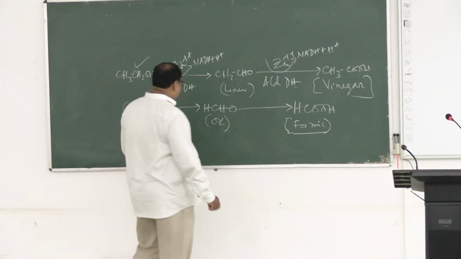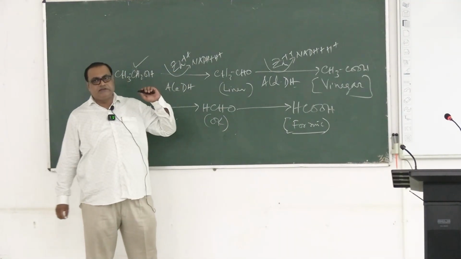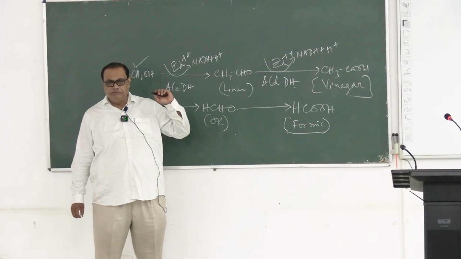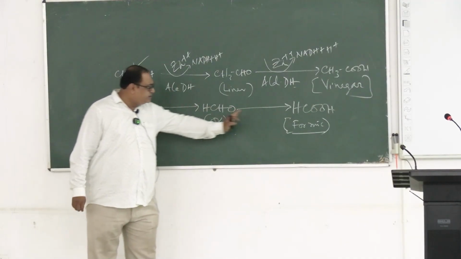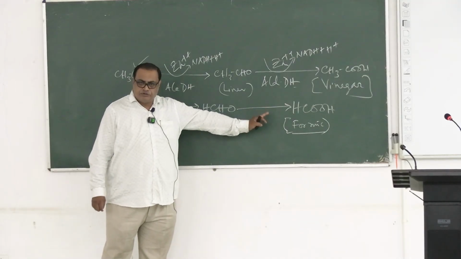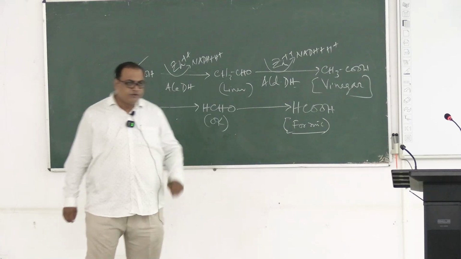Anyway, so this formic acid is very dangerous for the optic nerve. We must slow down the synthesis of formic acid so that our body gets time to get rid of it slowly. So what do we do?